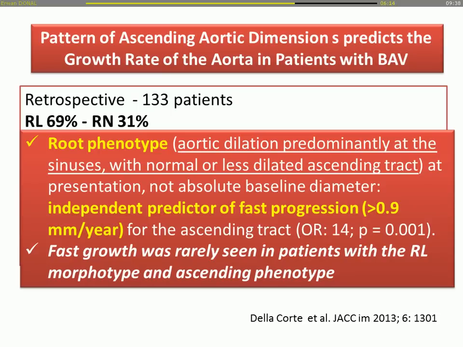So the fact that the sinuses are dilated is a risk factor, and if you have a dilatation of the sinuses, you probably have to follow your patient more carefully than if you have a dilatation of the ascending aorta without the sinuses.